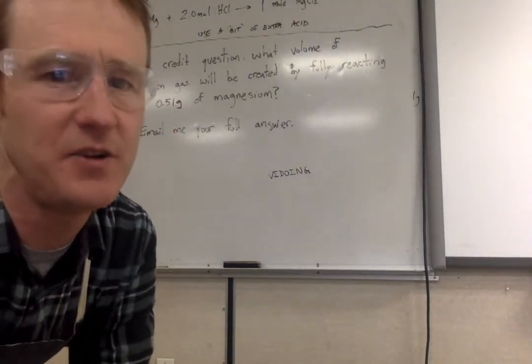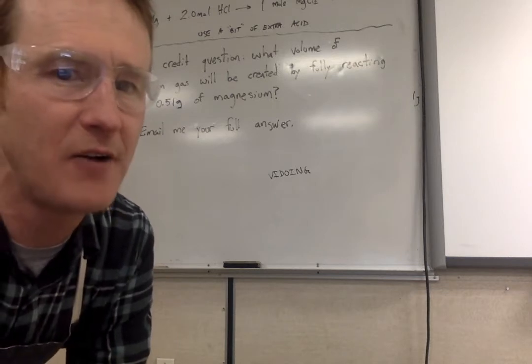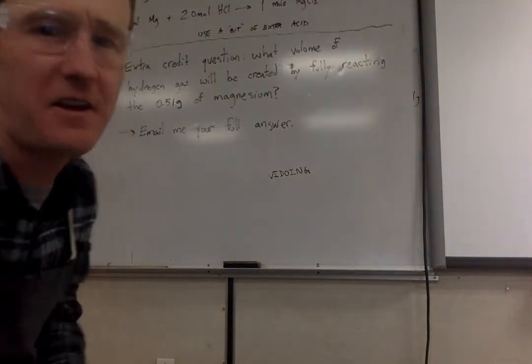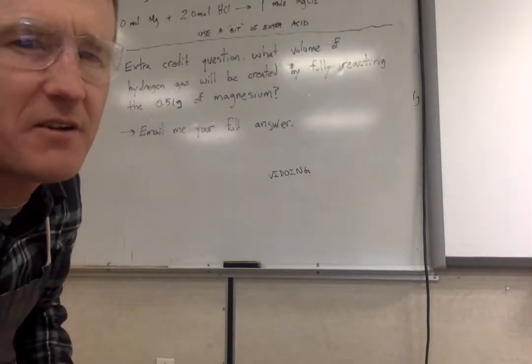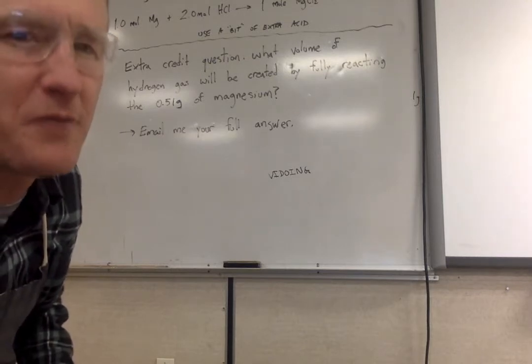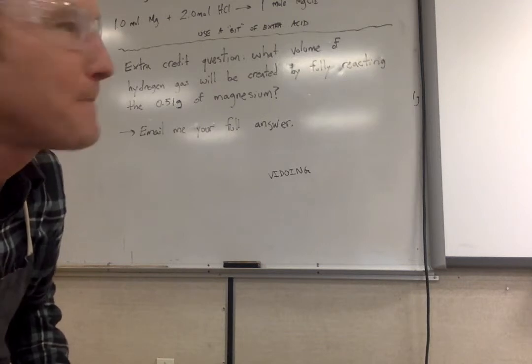I'd like you to email me your full answer with the workup of how you solve that problem. If you can consider any sources of error in your estimate, there will be a few of them, that would be super good too.